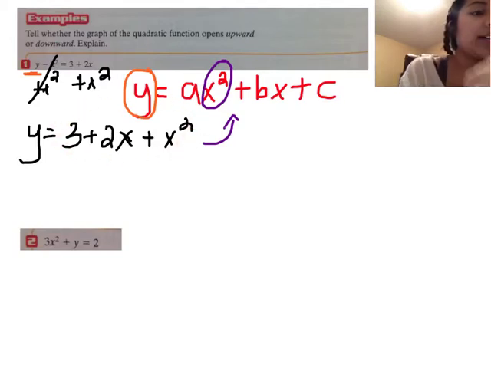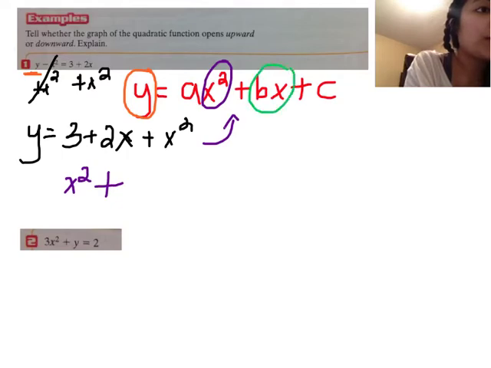It's a minus x squared, so to move it to the other side I just have to add plus x squared. That cancels out and I have y equals 3 plus 2x plus x squared.